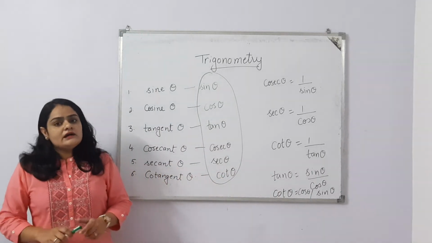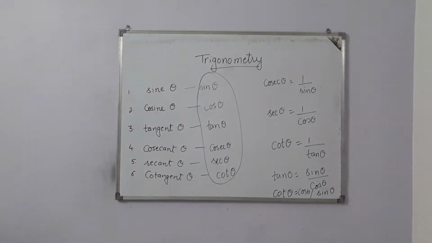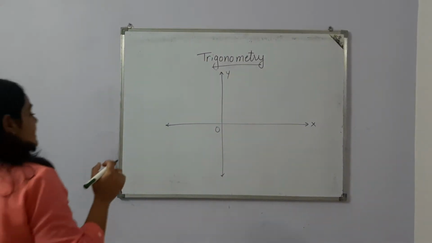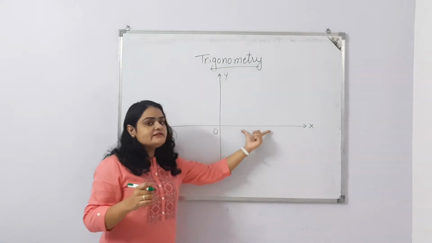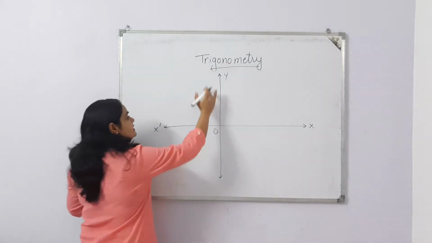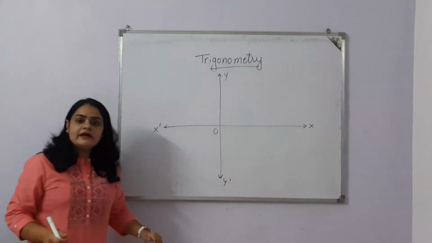Now let's move to quadrants. Well, I have already drawn the x-axis and y-axis. This is the positive x-axis. Here this side is the negative x-axis. Upper side is the positive y-axis, and down side is the negative y-axis.